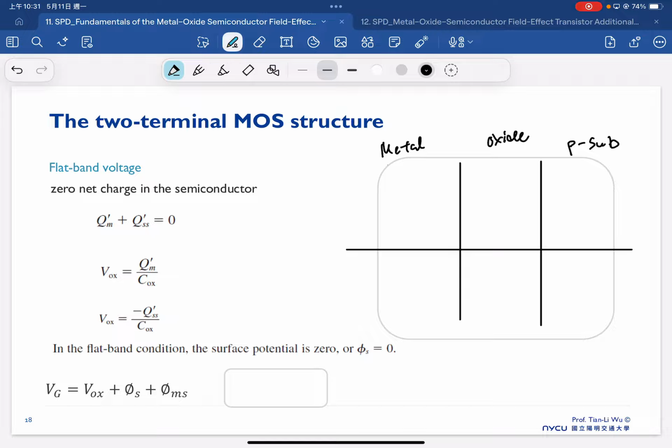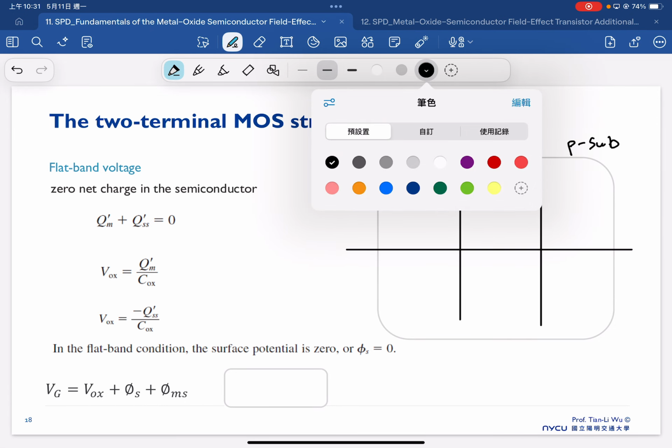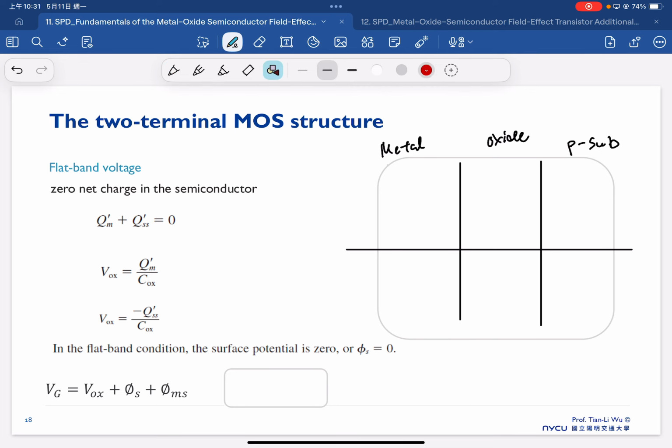Now we assume there is probably a certain amount of surface charge in the oxide. That's very typical for a semiconductor. During the process, we may always induce some non-ideal charge, which can be fixed charge or whatever, in the dielectric, the silicon dioxide.